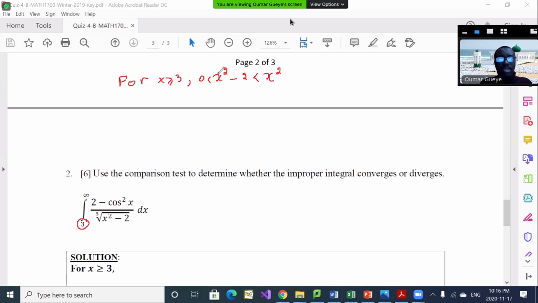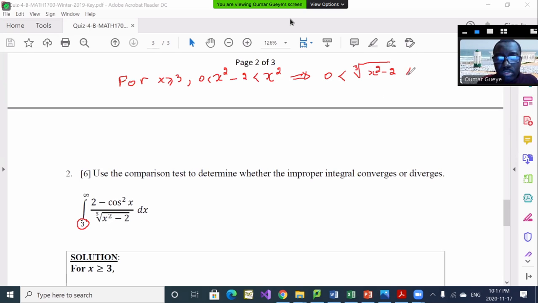Okay, and I'm going to take the cubic root. So this means 0 is less than the cubic root of x squared minus 2. I'm just working with the denominator here.